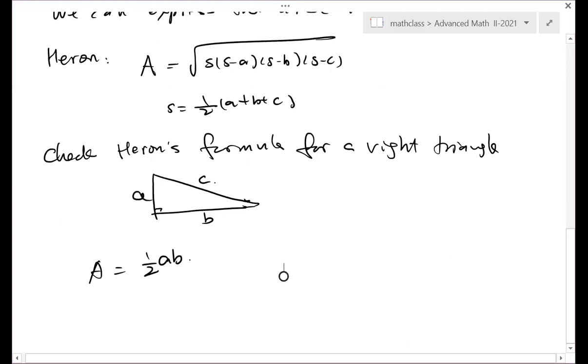But how can I get this right from the above formula? So why is this true? S minus A, S minus B, S minus C. It's hard to tell.